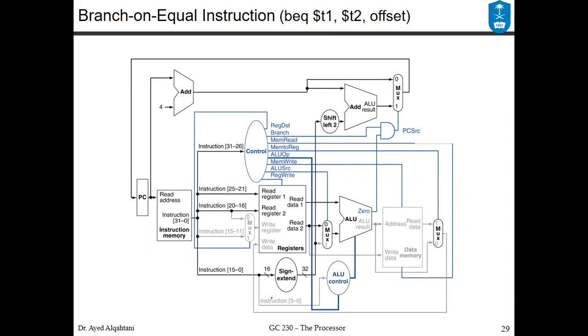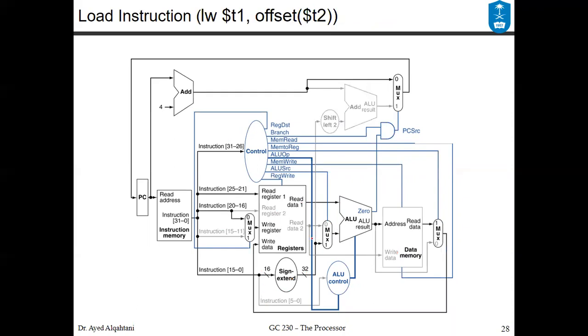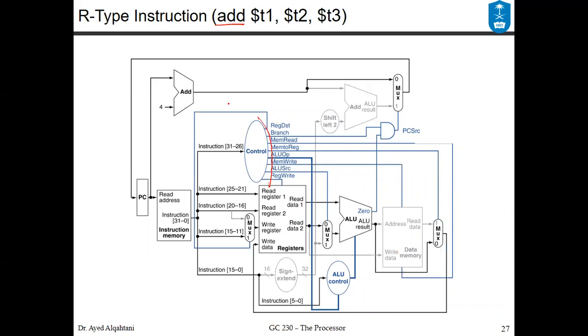You also notice that we don't care about the function field, because this is the I type. Similarly, also for the load, we don't care about this one. We care about it only in the add. So it tells you which one. Is it add, or, and? Is it set on less than? And so on.